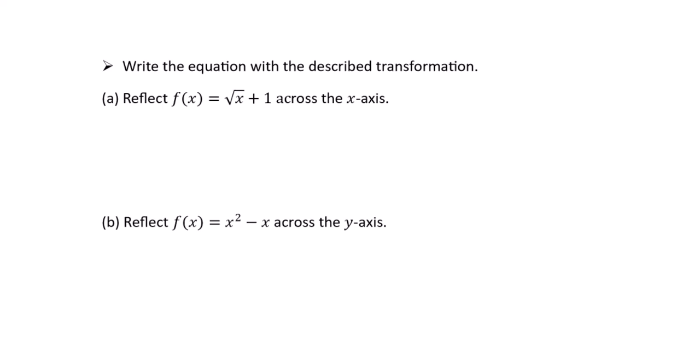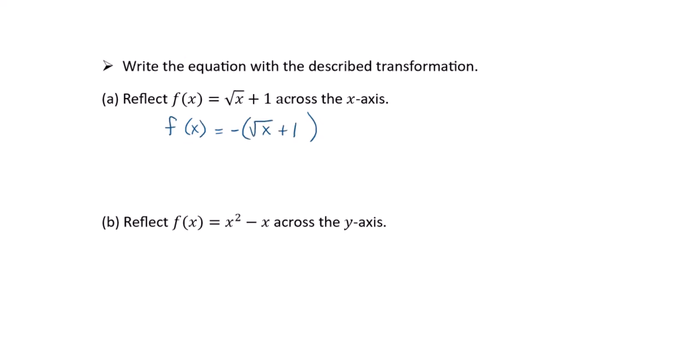So we're going to take this function and reflect it across the x-axis. Now, if we're reflecting something across the x-axis, we want all the y's that we had before to be the opposite of what they are now. So we're taking this f of x function and taking the opposite of all of it.